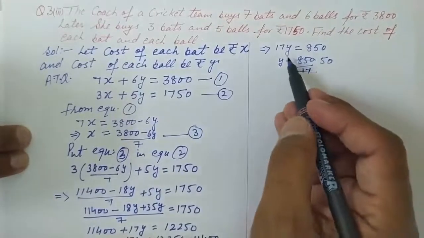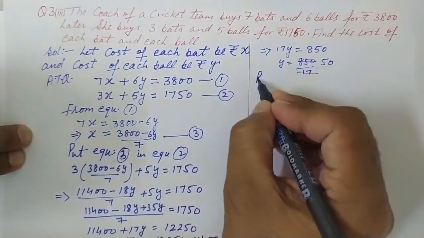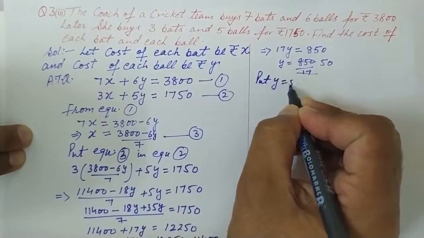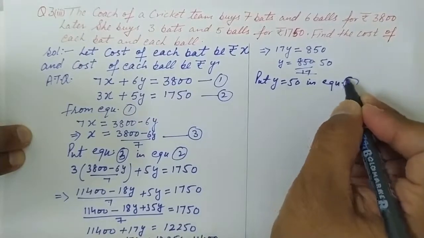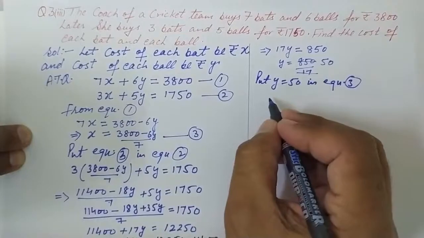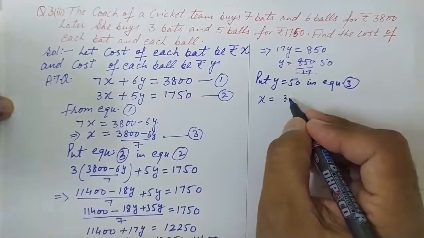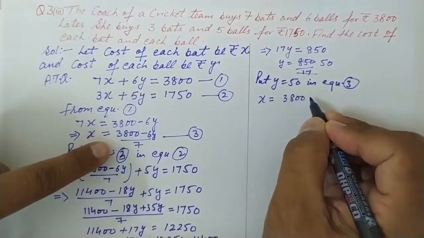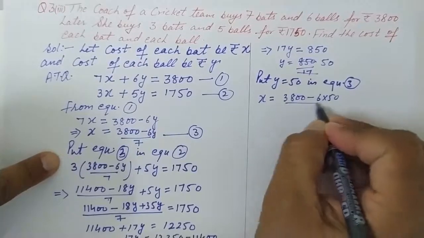Now we'll fill the value of y as 50 in equation number 3. So we'll write, put y is equal to 50 in equation 3. So let's see what will be there. It becomes x is equal to 3800 minus 6 into 50 over 7.